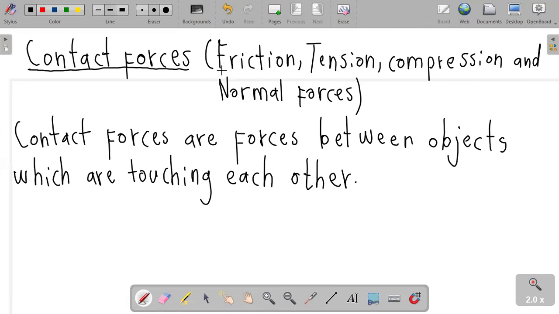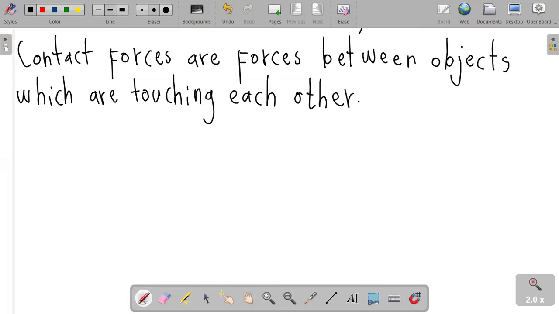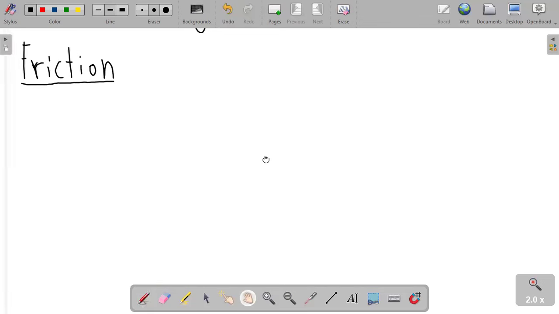So let's get into the first one. Let us talk about friction. What is friction?